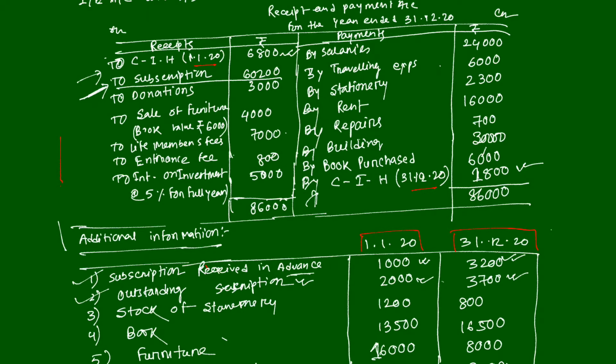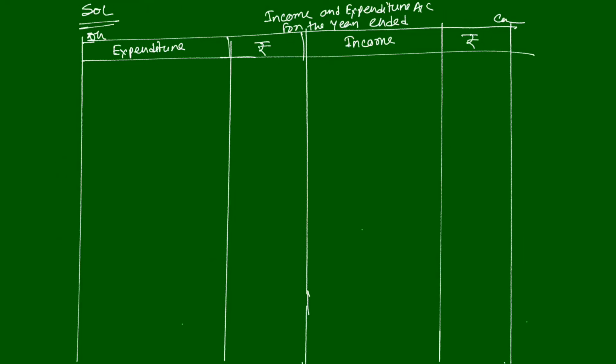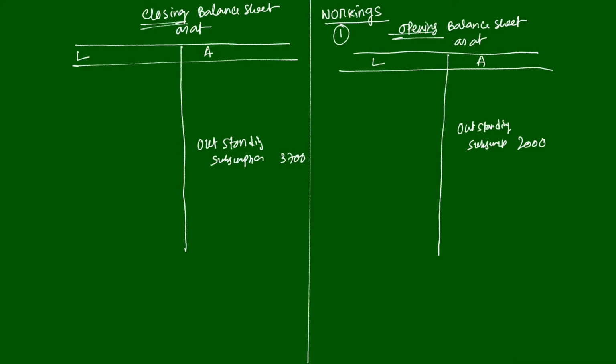That advance value is your liability. Advance means it's one kind of liability. This value sits on your liabilities side. Advance subscription, what is the value in the opening balance sheet? 1,000.